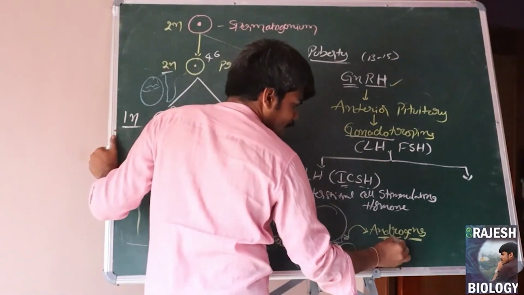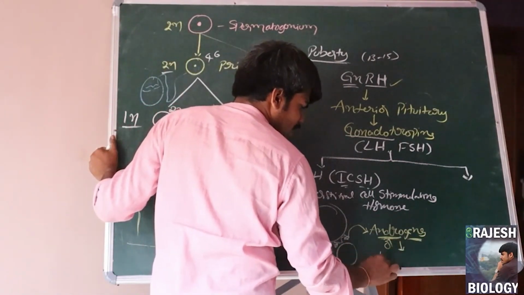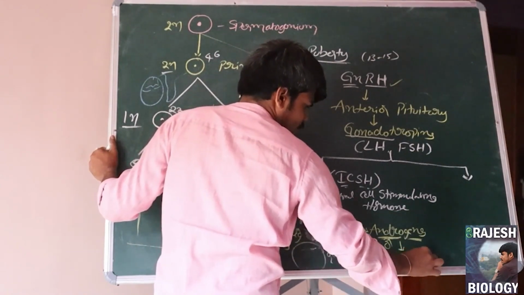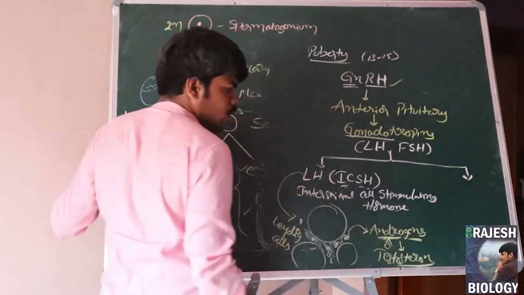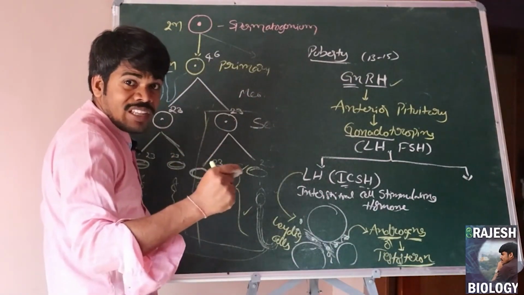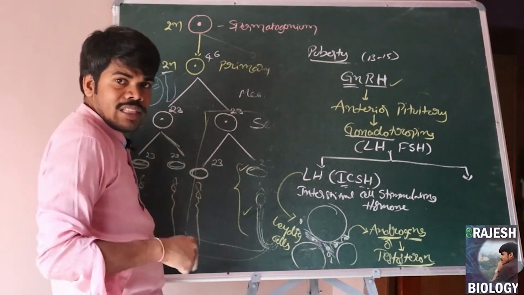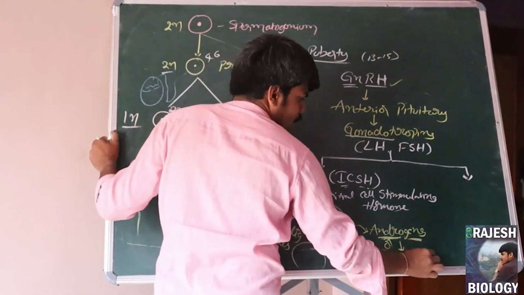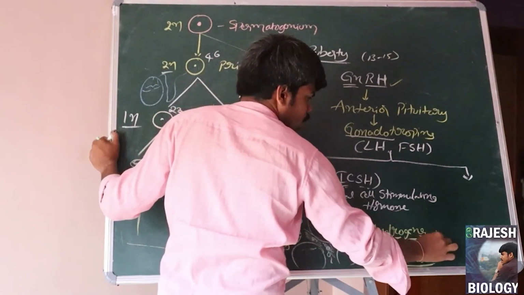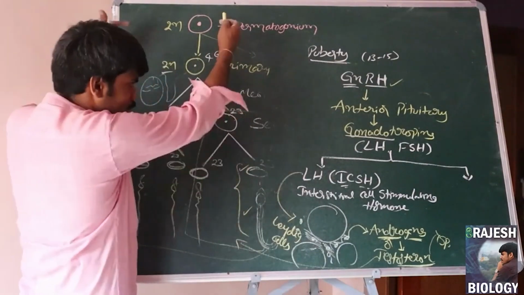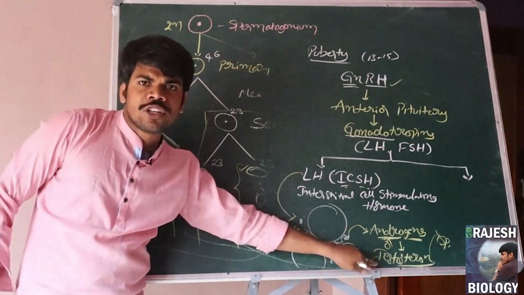And among the androgens, the chief androgen is testosterone. It is a steroidal hormone released from the testes. This testosterone helps in spermatogenesis. Again, this process is because of the testosterone hormone.